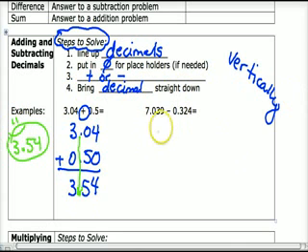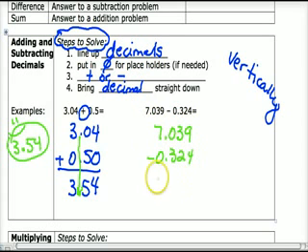The second one, let's go ahead and line up our decimals. We want to write this vertically. Put zeros in for placeholders if needed. In this case, we don't need it. Now we're told to add or subtract. We need to subtract. Here we're regrouping.